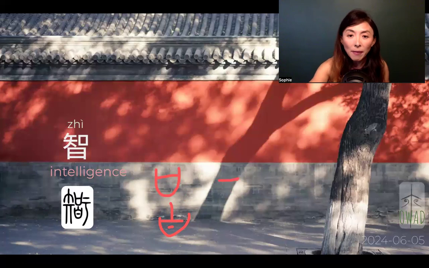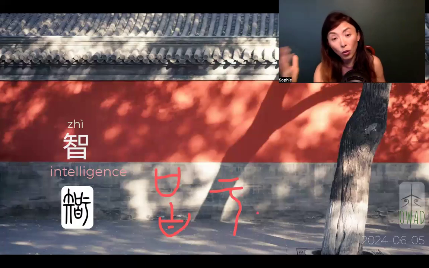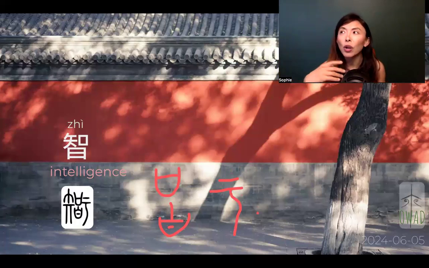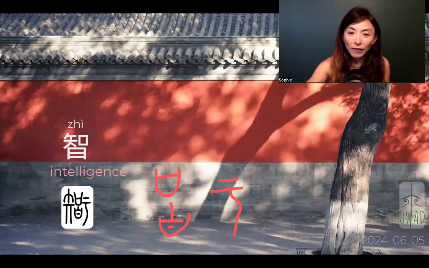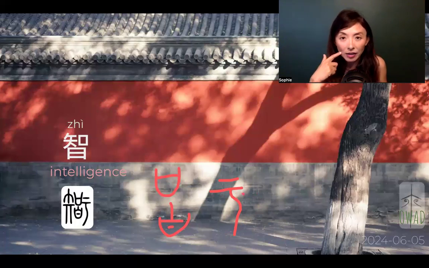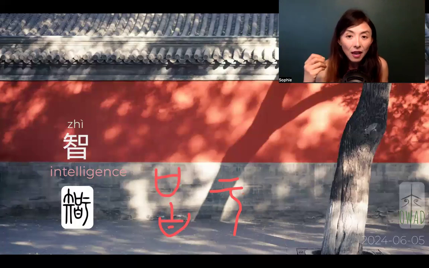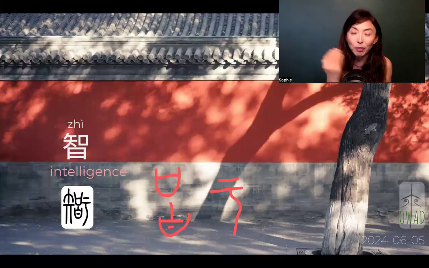I'm not sure about the right side here. By the character itself, it looks like 矢. That means you utter, this is a wisp of breath from your lungs. And two horizontal lines. The first horizontal line is the block, your pronunciation organs, the mouth, the lips, and the teeth, all the breath blockers.